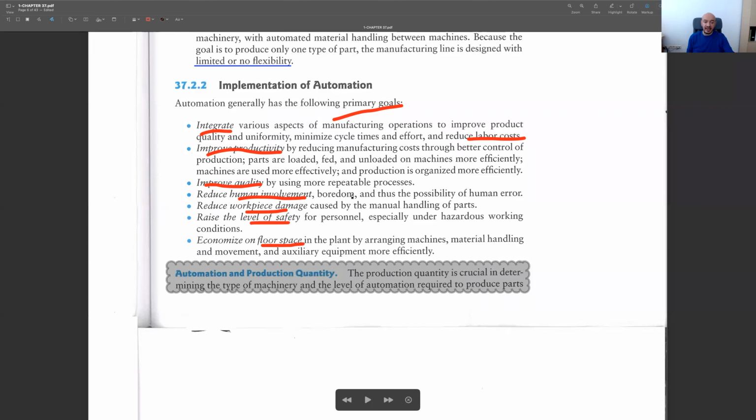So these are the main aims of automation, and we can choose the best type of manufacturing operation, manufacturing system, depending on the requirements of your company.